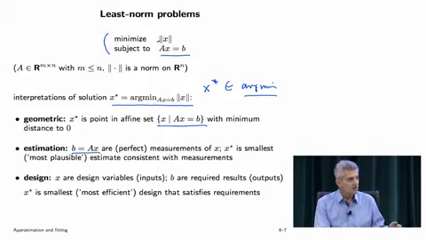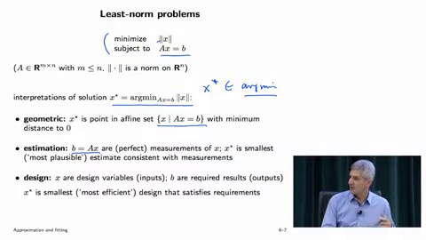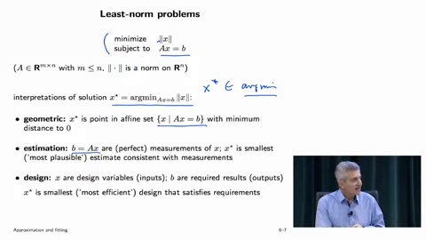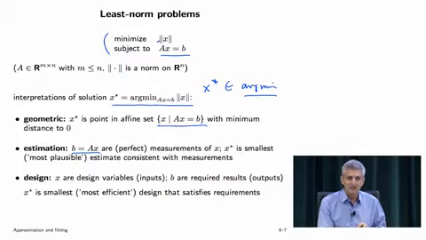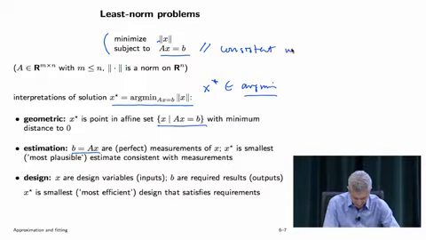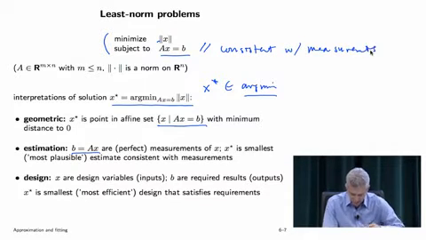I have 50 measurements or 100 measurements, something like that. And that leaves me basically 50 unknown dimensions or something like that. So Ax equals b, in that case, we interpret as the set of parameter values that are consistent with the perfect measurements, right? If you were to put a comment here, you would say something like consistent with measurements. And the assumption is the measurements are perfect.